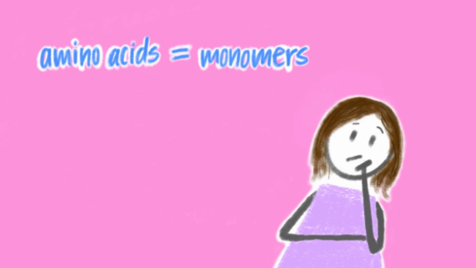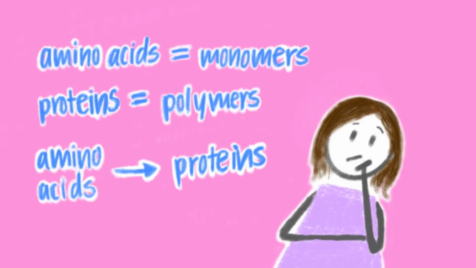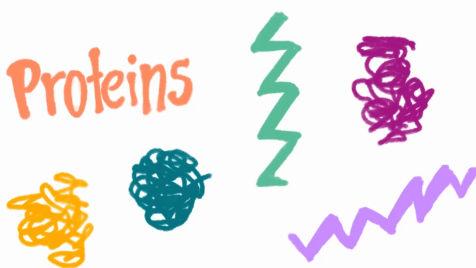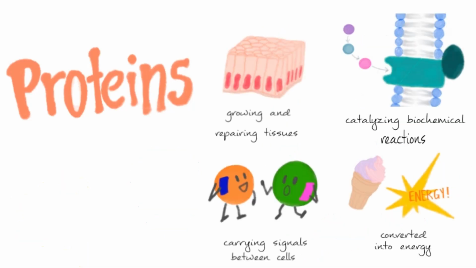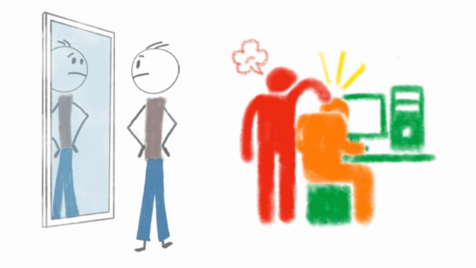Amino acids are monomers, like nucleotides, but instead they form polymers, called proteins. Proteins, as I mentioned in the intro, have a variety of functions, and altogether, they determine how you look and also how you behave. Scientists are actually still learning the full extent of how DNA affects us.